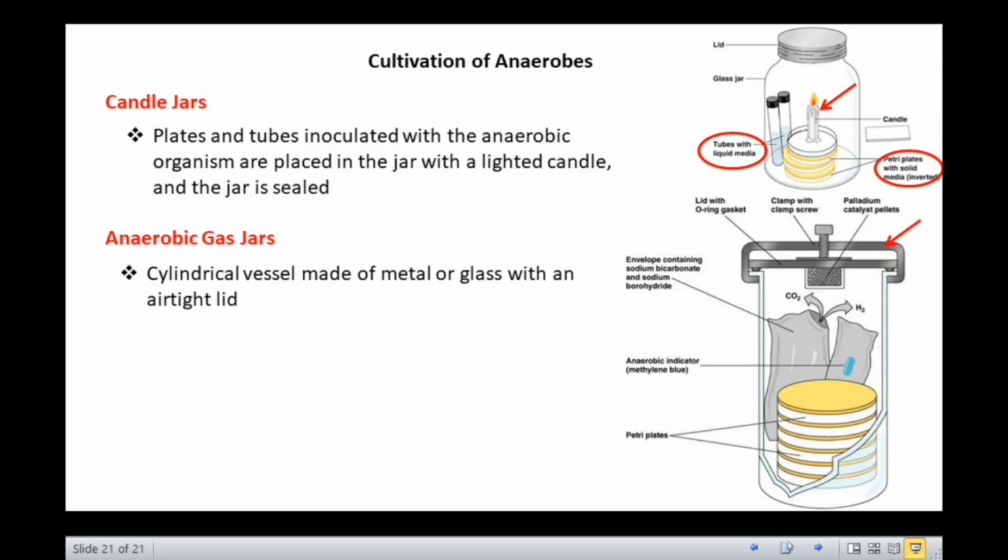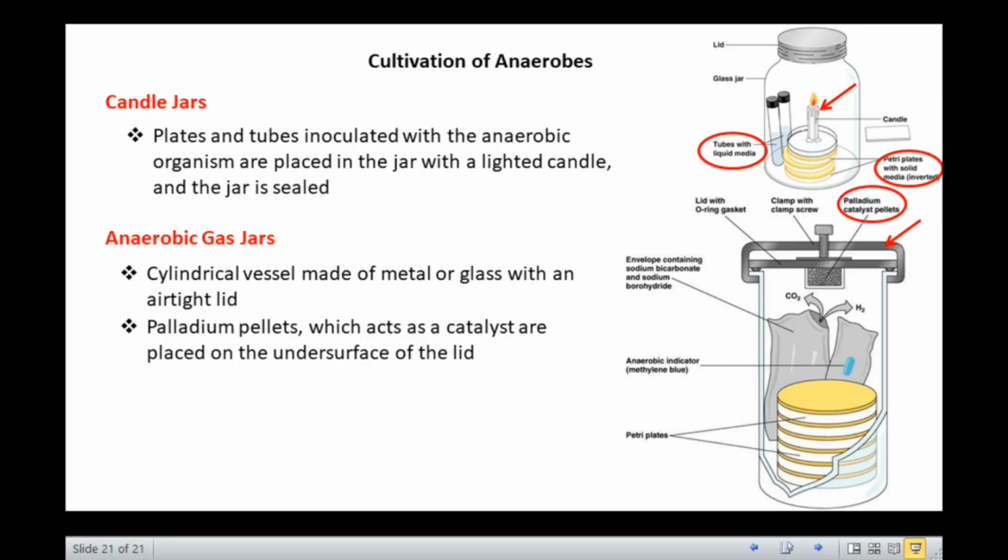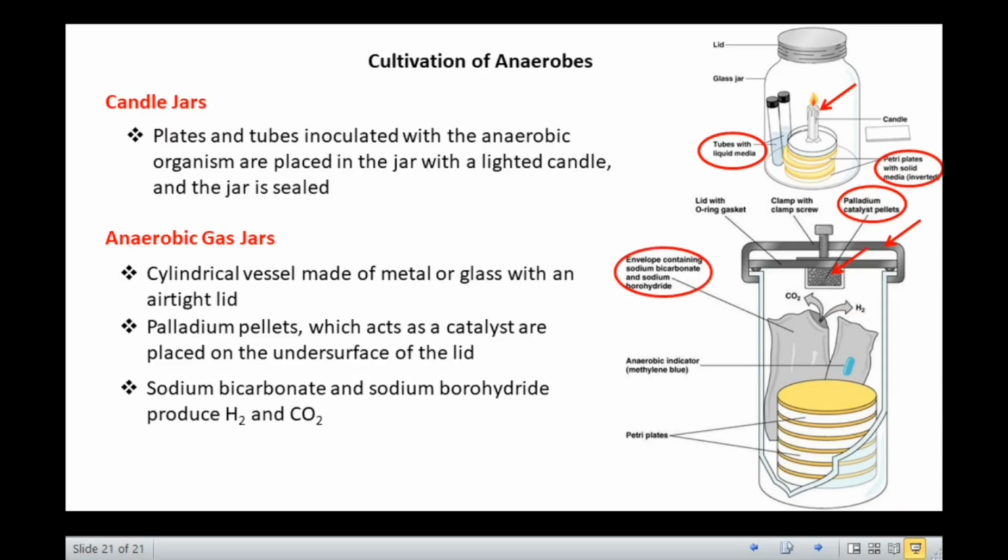As can be seen in the figure, palladium pellets which act as catalyst are placed on the underside of the lid. A packet containing sodium bicarbonate and sodium borohydride is placed in the chamber which reacts with the moisture to produce hydrogen and carbon dioxide.